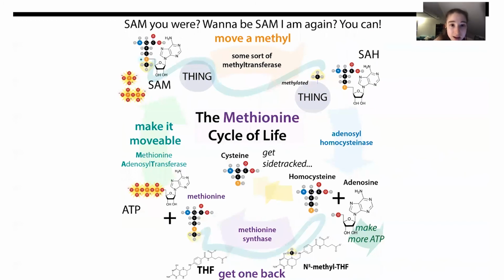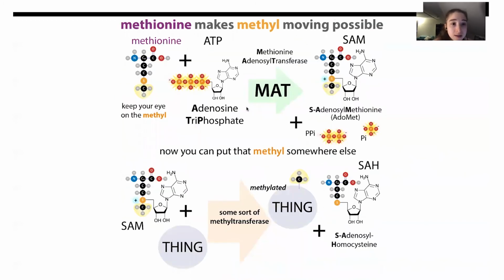And so methionine adenosyl transferase, or MAT, is able to take methionine, take ATP, and put this methionine onto this adenosine part.